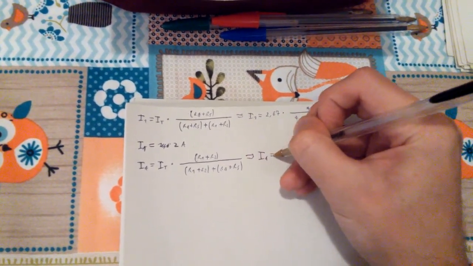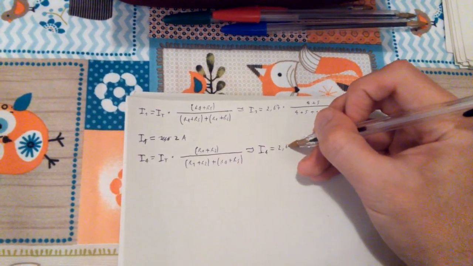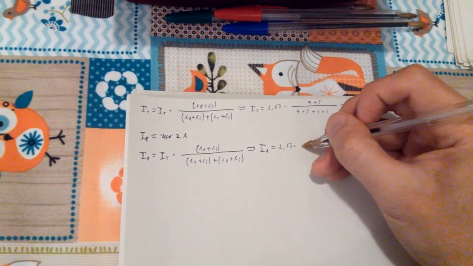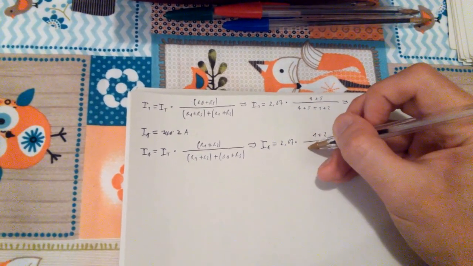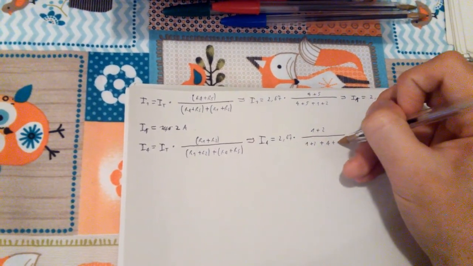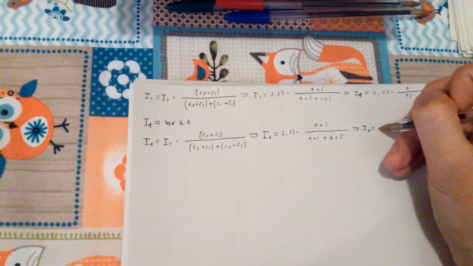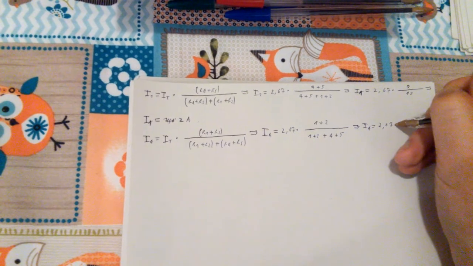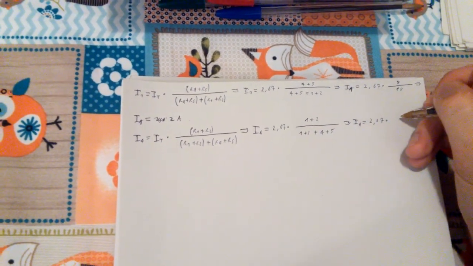So I4 is going to be IT, so 2.67 times, let's substitute with numbers, 1 plus 2 over 1 plus 2 plus 4 plus 5. So I4, therefore, it's going to be 2.67 times 2 plus 1 is 3.